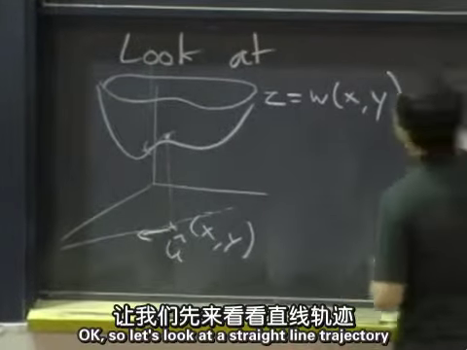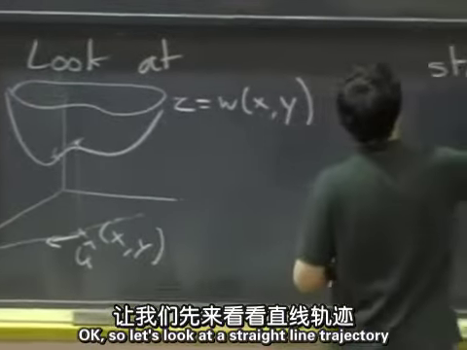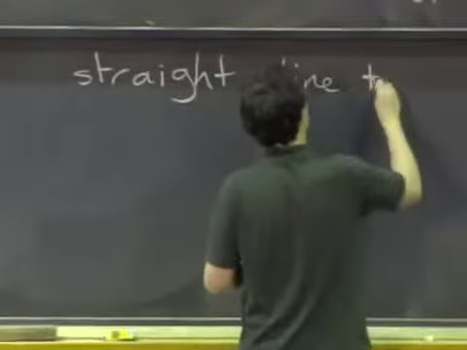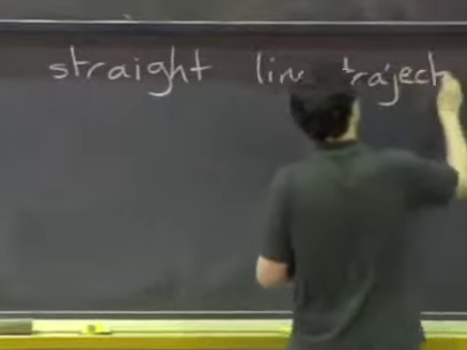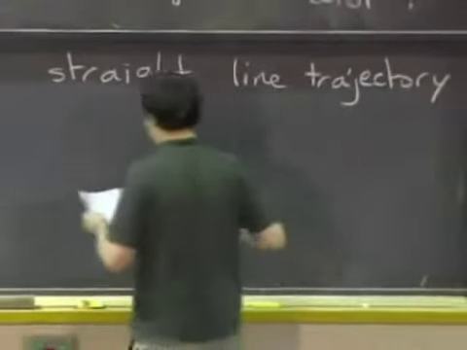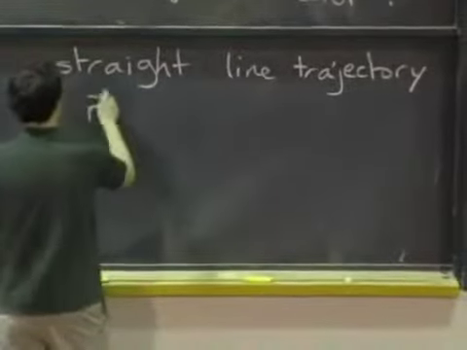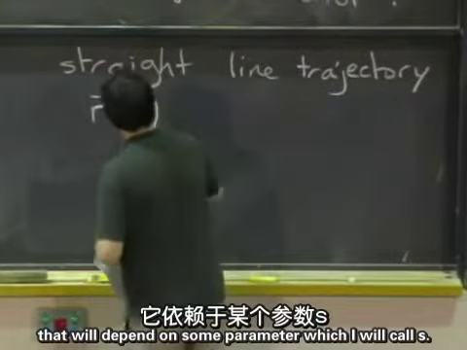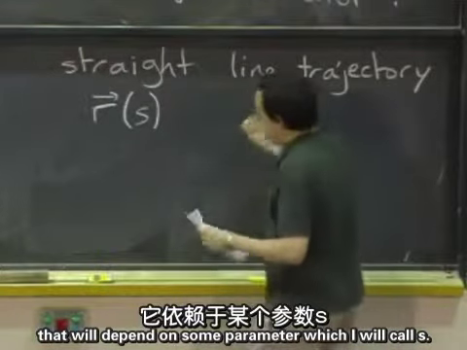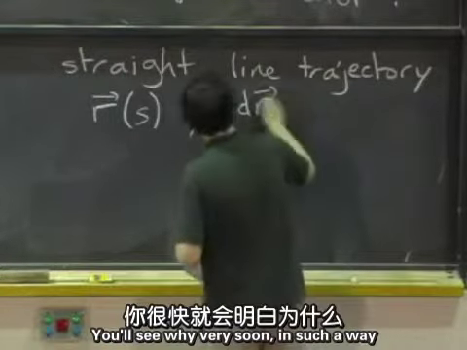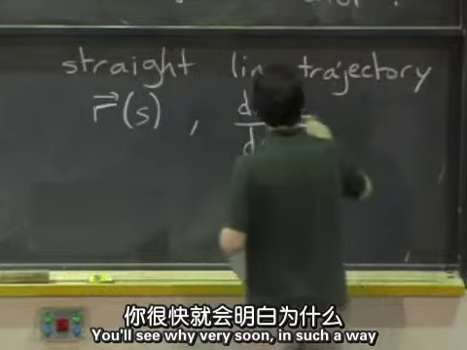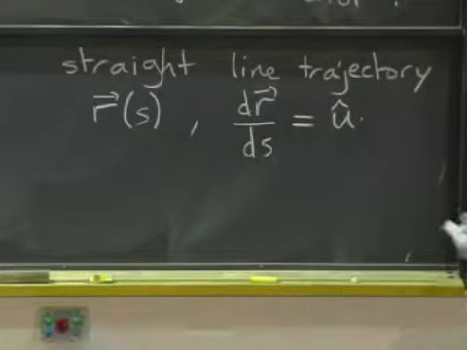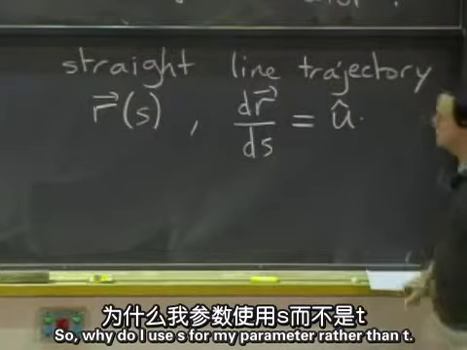Okay, so let's look at a straight line trajectory. So we have a position vector r that will depend on some parameter, which I will call s. You'll see why very soon, in such a way that the derivative is this given unit vector u hat. So why do I use s for my parameter rather than t?